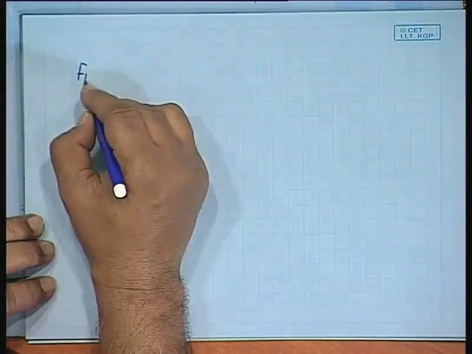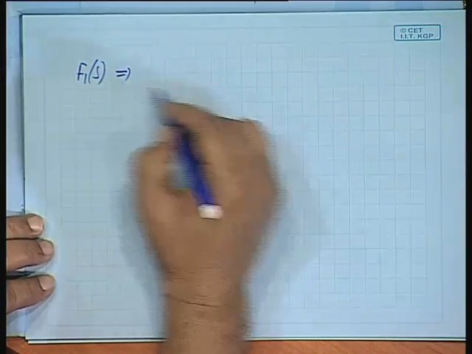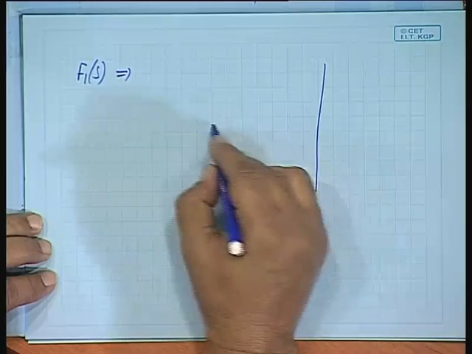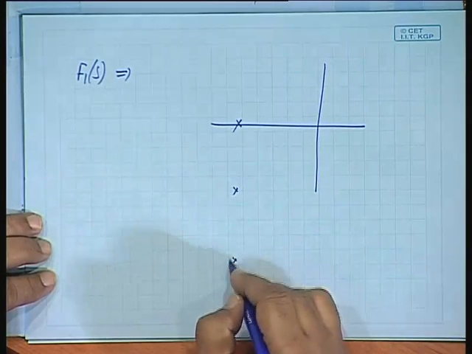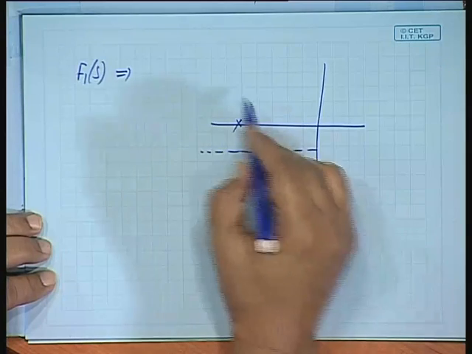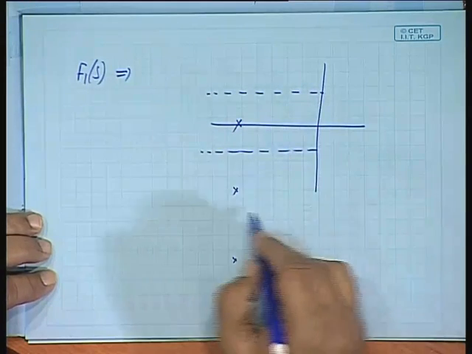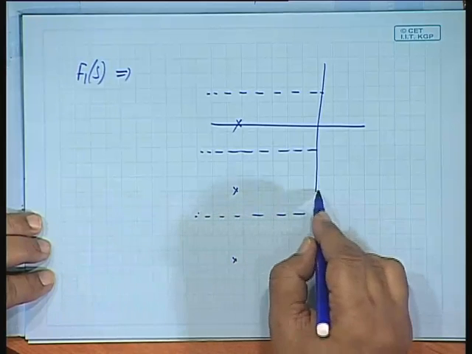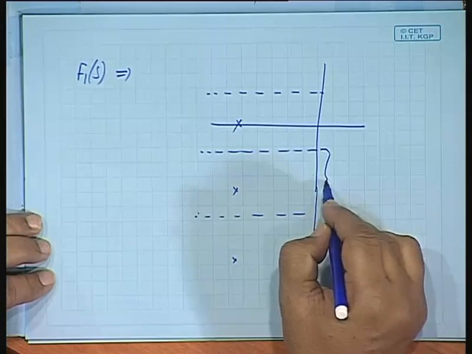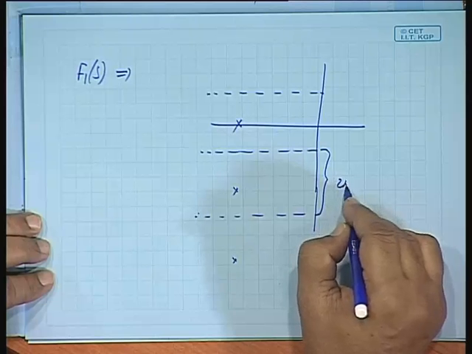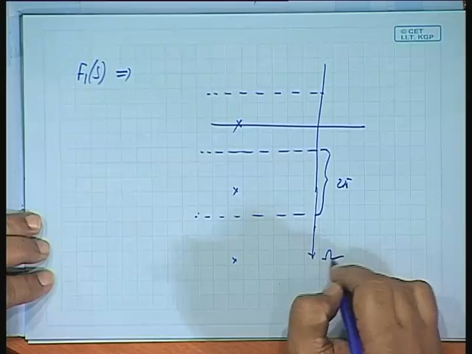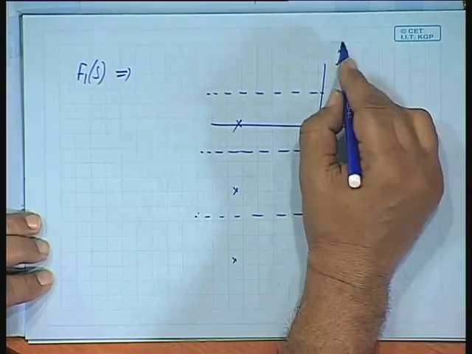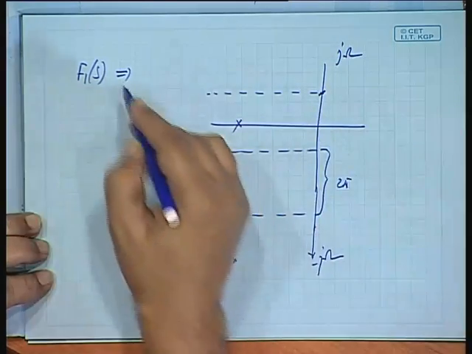You will find F1(s) will have roots at regular intervals, at regular intervals of 2 pi, or if you take this as minus j omega and plus j omega, then at regular intervals of omega naught.